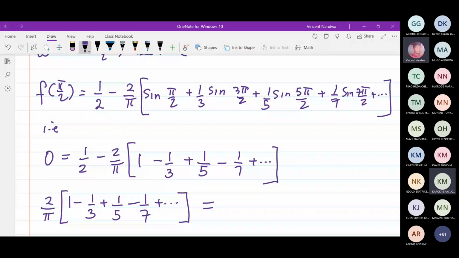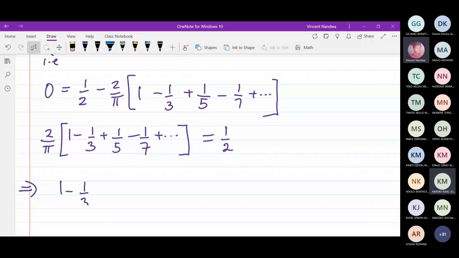So which implies 1 minus a third plus 1 over 5 minus 1 over 7 is what exact value of that series? Pi over 4. So that's what we get in that given case.